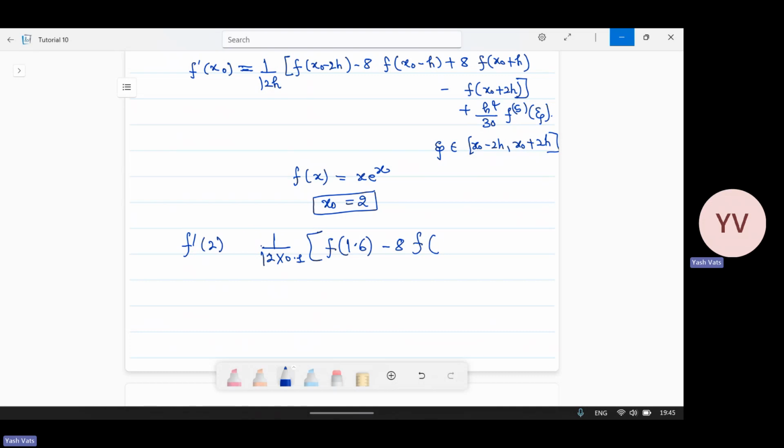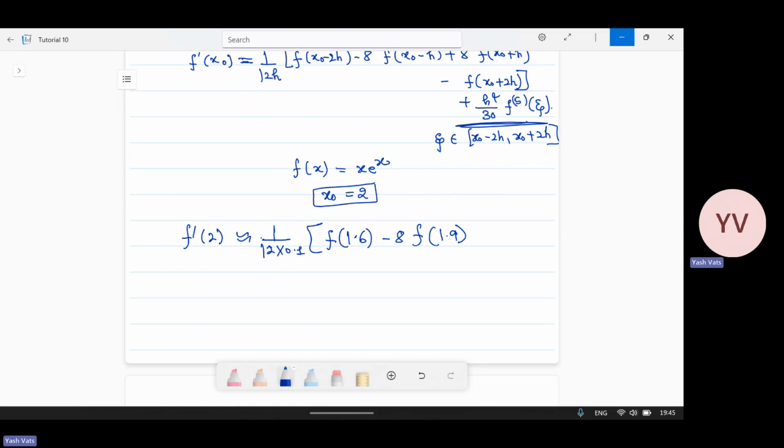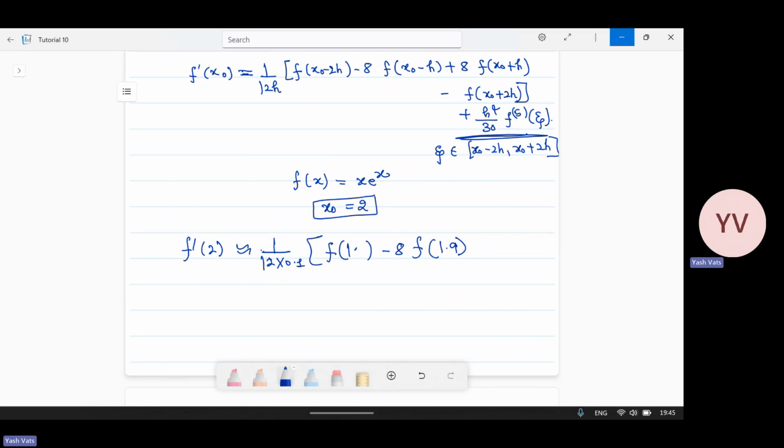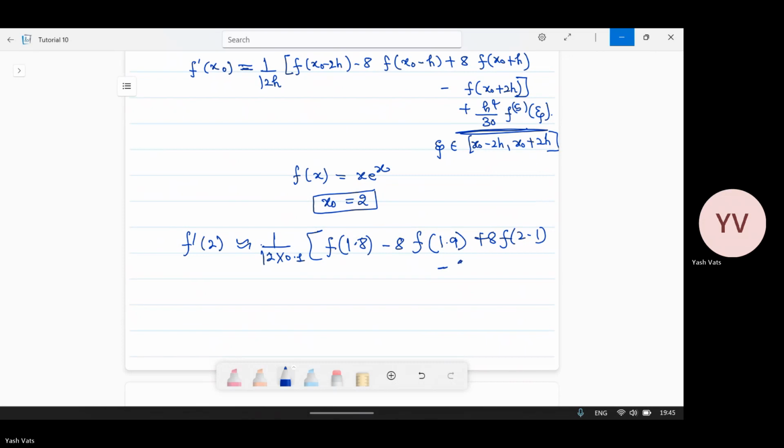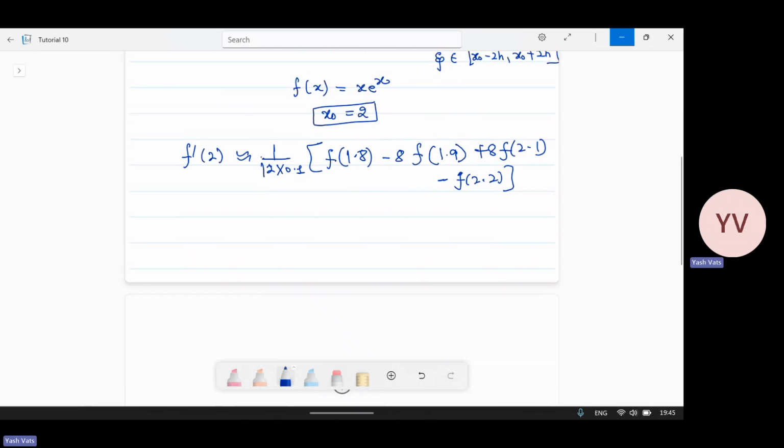I just write the approximation and neglect the error term. Once you solve this, we get the required value.